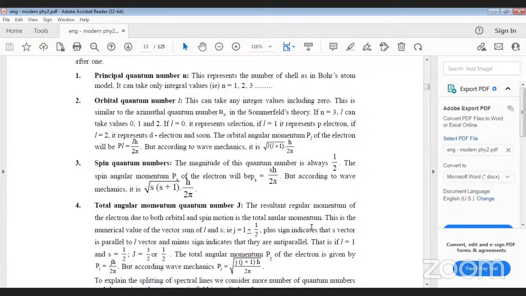Next, total angular momentum J equals L plus S. Is it clear?